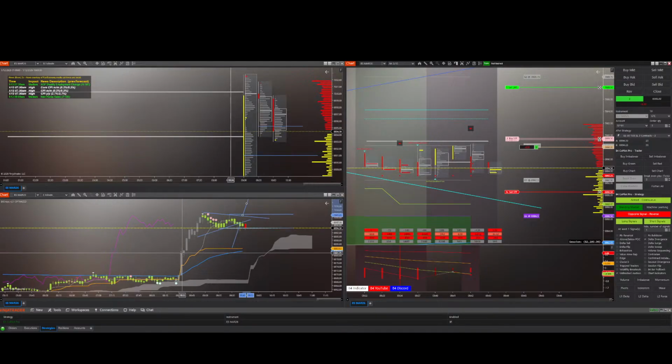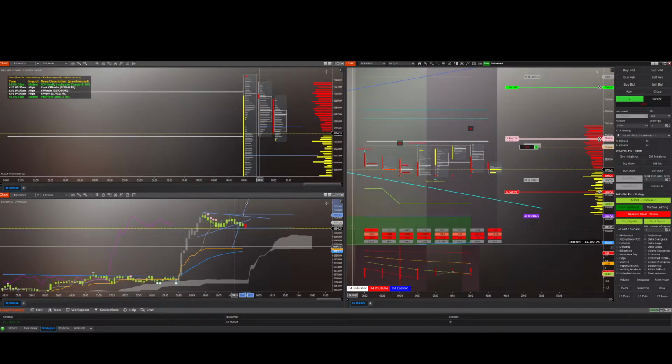Now Chikou's getting closer to this bigger candle here. We're getting to the point where we're expecting some big movement to come in one way or the other here.